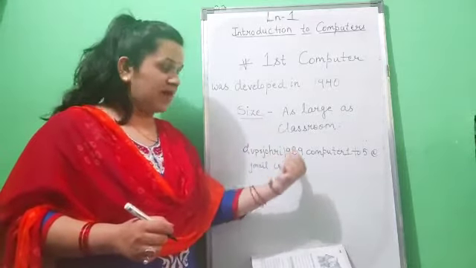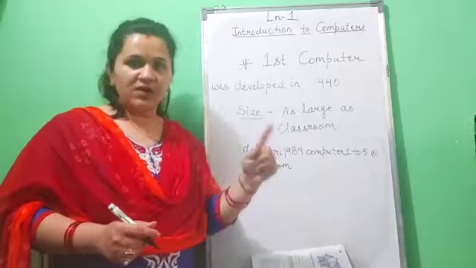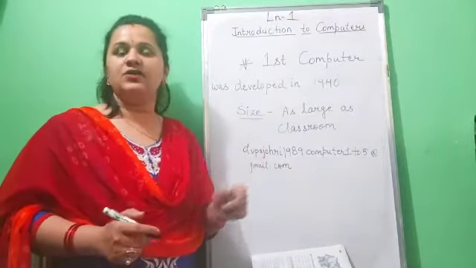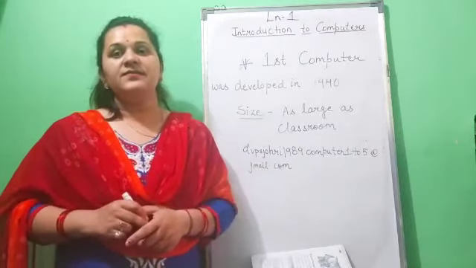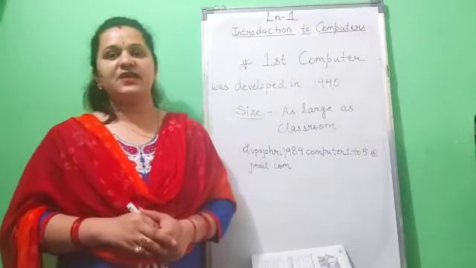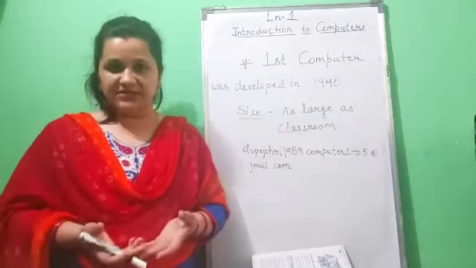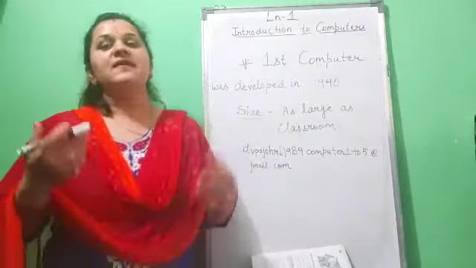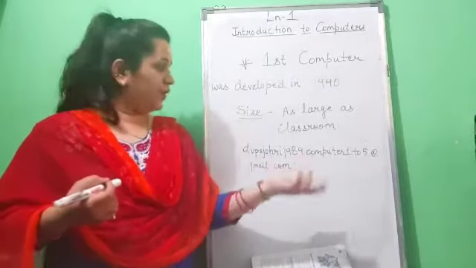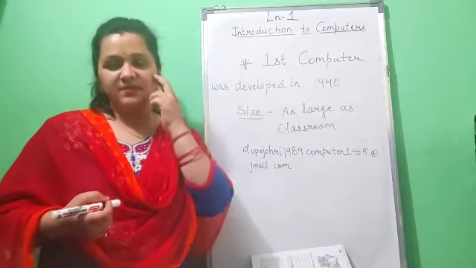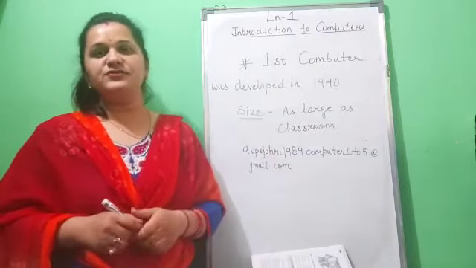Letter to letter you have to match. You have to type small letters and numbers correctly. Then only your mail will reach me. So be careful while sending your mail. Some say they have sent the mails, but the teacher has not received them. It is only because you have not typed the mail ID correctly. So just be careful while sending mails to teachers.